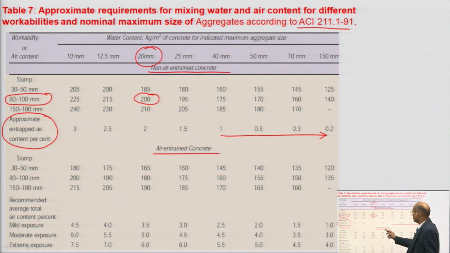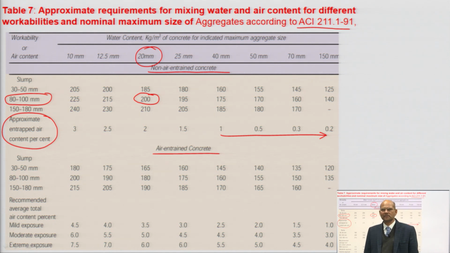Similarly, suppose you want to make air entrained concrete, where you purposely put certain admixtures like aluminum powder to generate gas inside the concrete, creating gaps inside the concrete. Suppose you have 80 to 100 mm slump. In that case this requirement will go to 180.